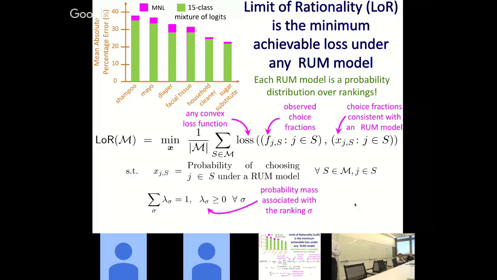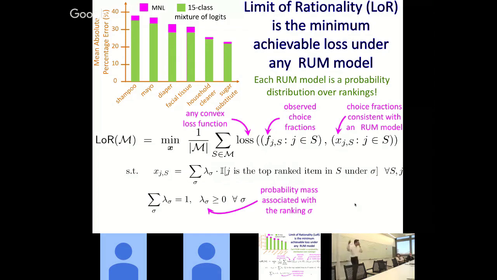What's the probability of choosing product j from a subset S? We simply sum over all n factorial rankings sigma. For each ranking, we check whether or not j is the top ranked item in S under sigma. If it is, you pick up a 1 and you pick up the weight lambda sub sigma. This now is a precise mathematical statement of what we mean by the limit of rationality.